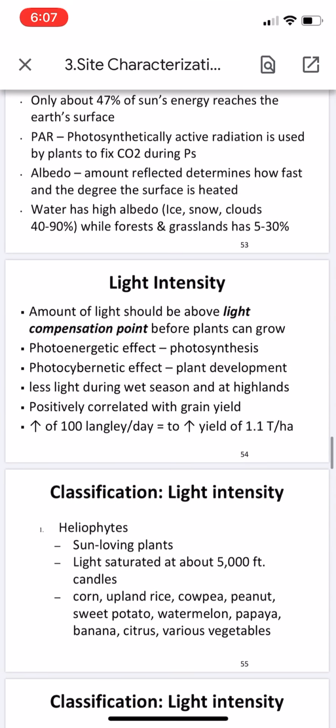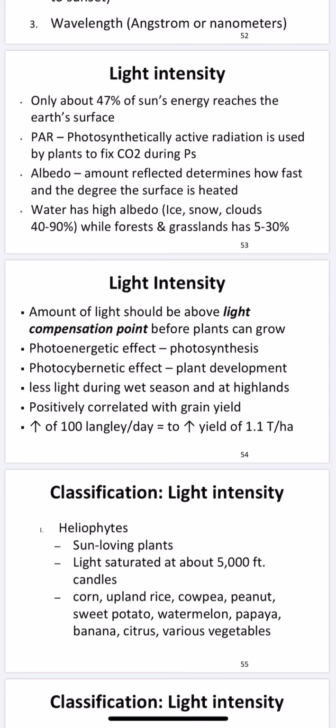Water has a high albedo. So like the ice, the snow, and the clouds, they have 40 to 90% albedo or light reflected. While the forest and grasslands have only 5 to 30%.